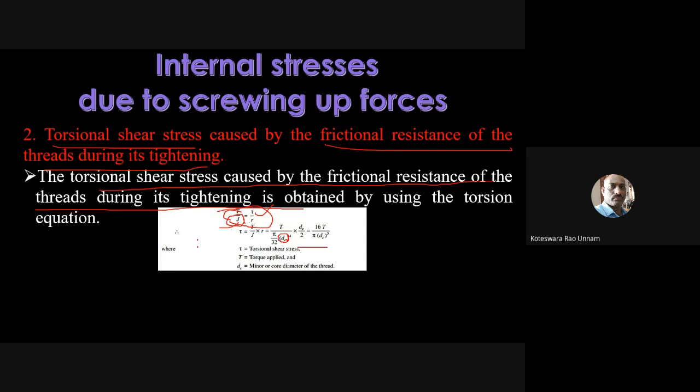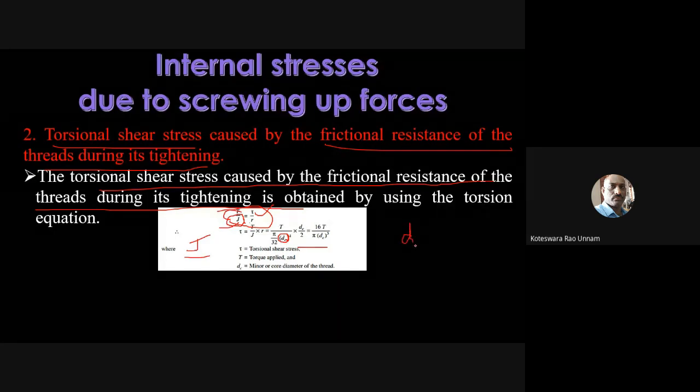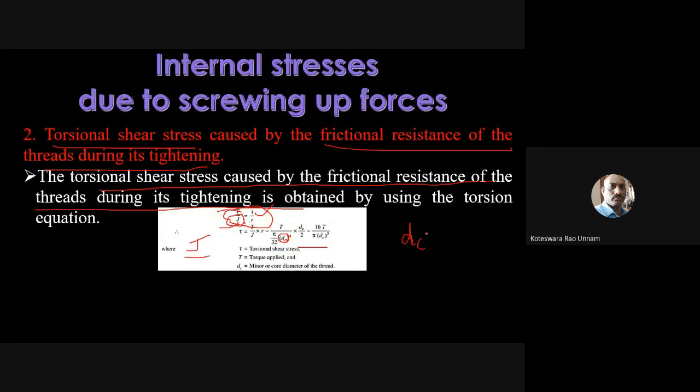Because you have different diameters, if you want to calculate the torsional shear stress due to frictional resistance, you need to use DC for calculating the J value. But what is the core diameter? You can use the data book to find it.